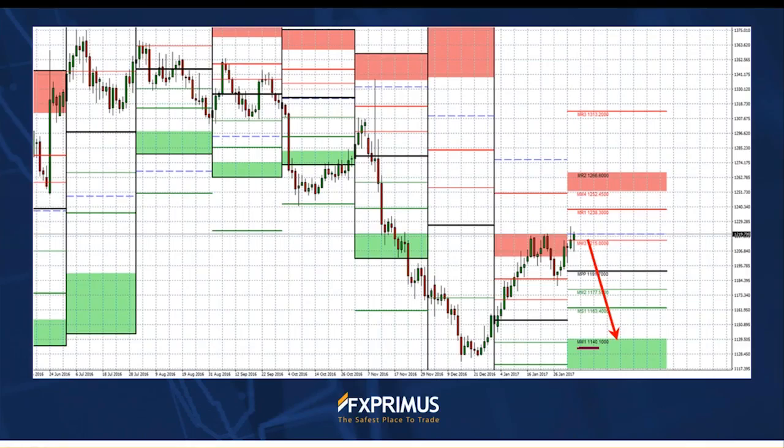Okay, so how do we get into this short trade? Because we're bears, we want to see a reversal pattern, don't we? And what's a reversal pattern? Why do we want to see a reversal pattern?